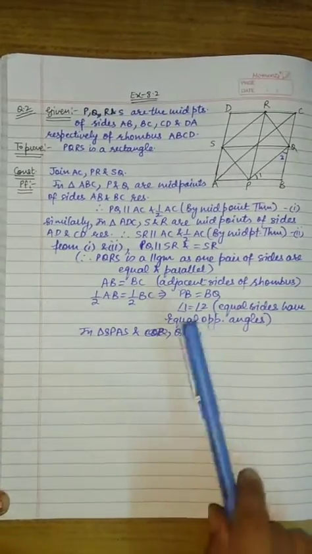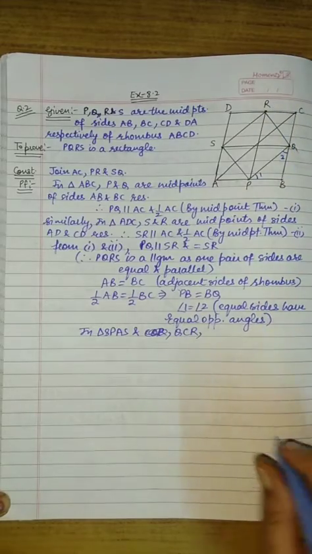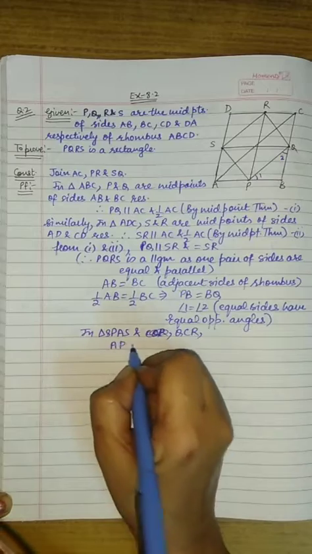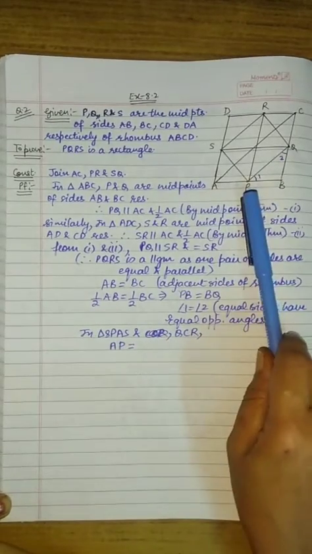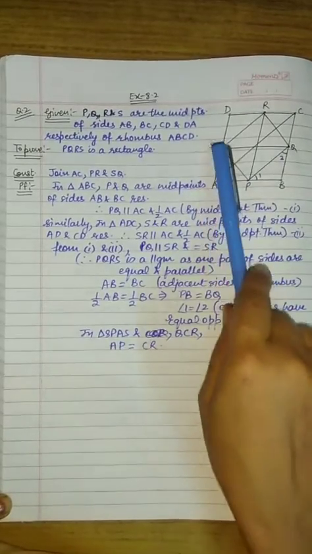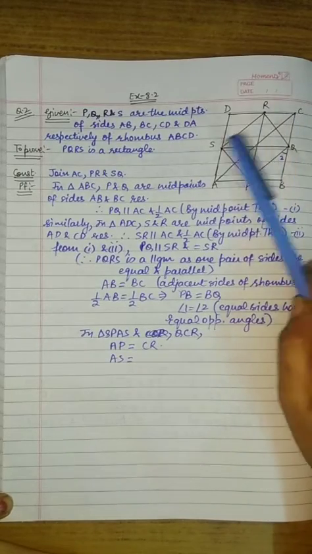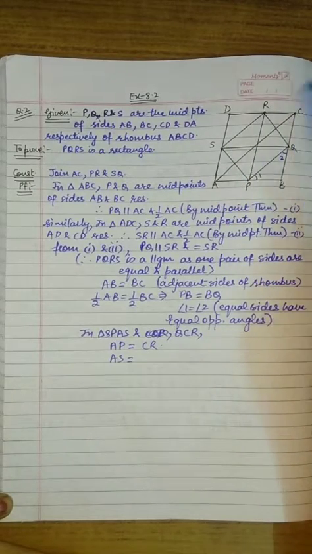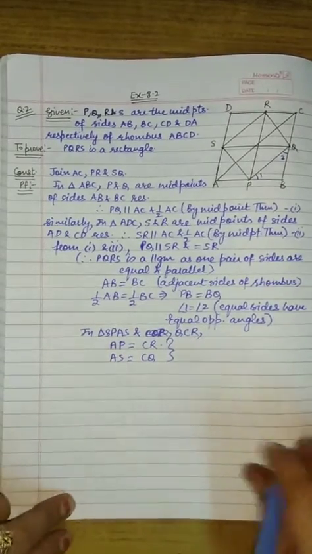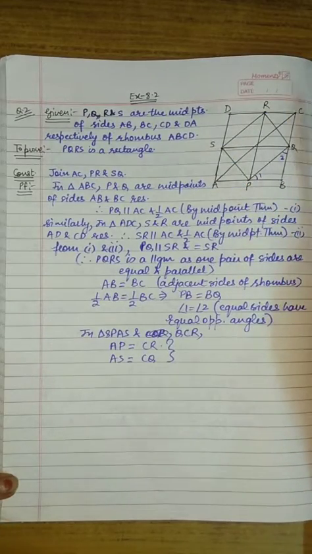Now in these two triangles, triangle PAS and QCR, we have AP is equal to CR, then AS is equal to CQ. So why is AP equal to CR and AS equal to CQ?